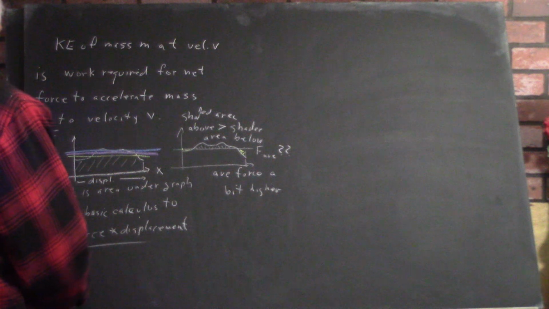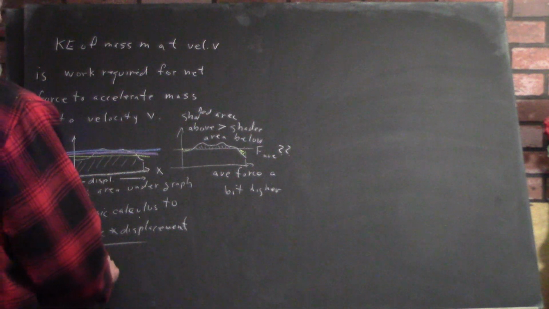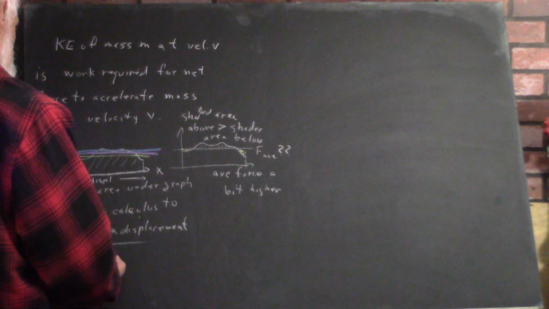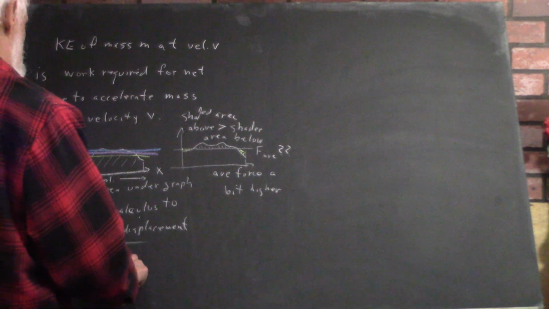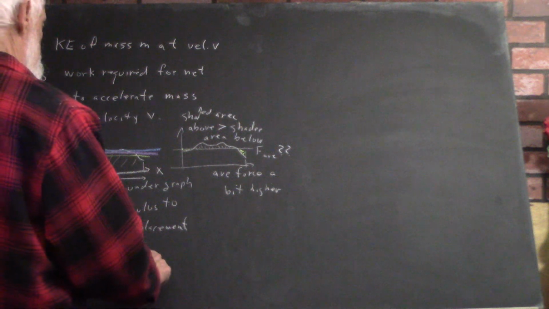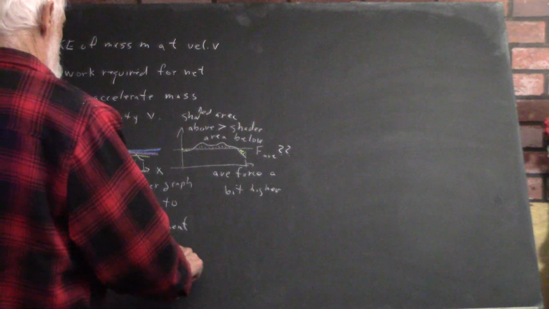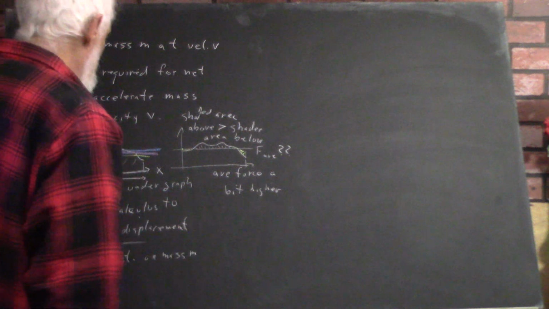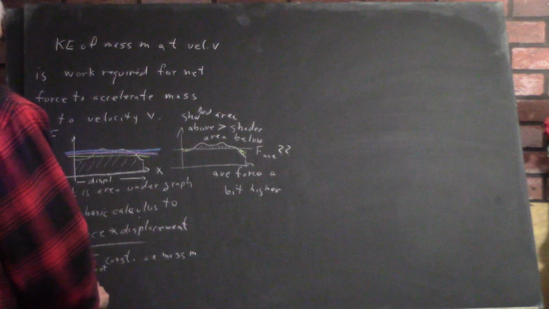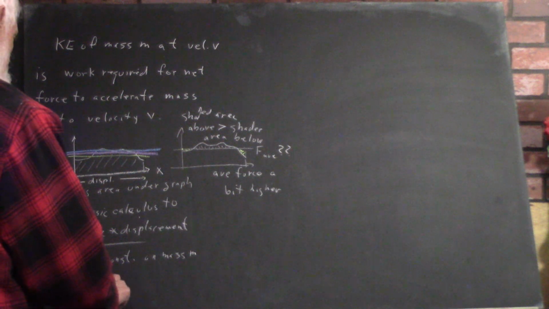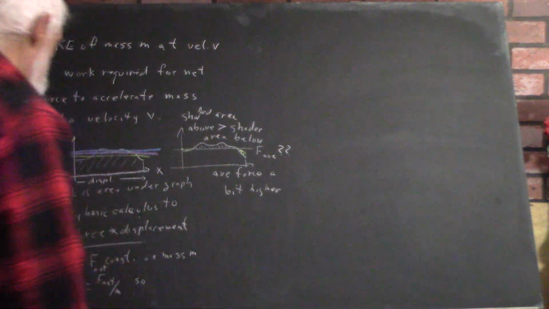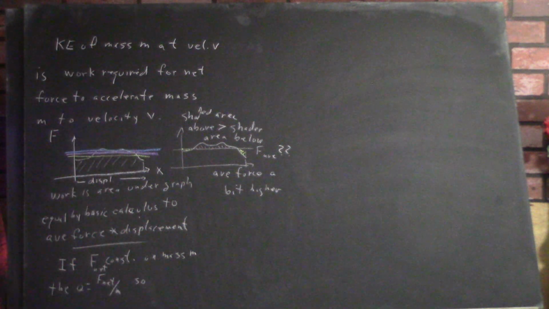Now let's come back to the definition of kinetic energy. If your net force is constant on a mass m, then the acceleration is F net over m.